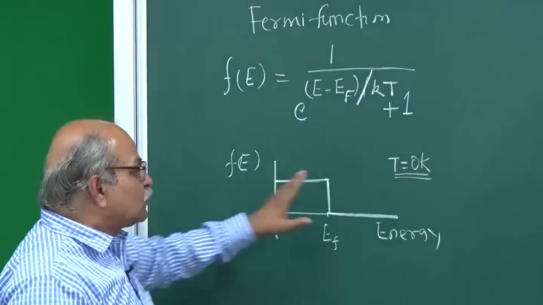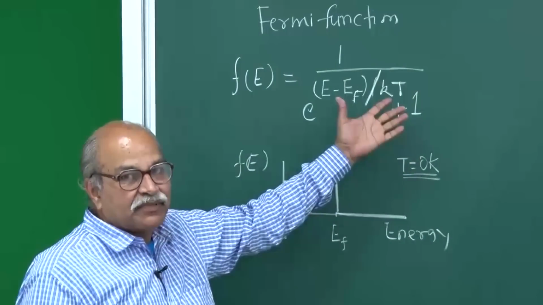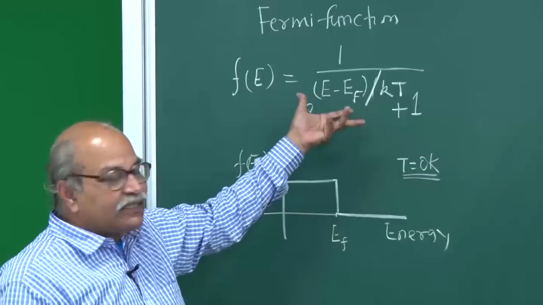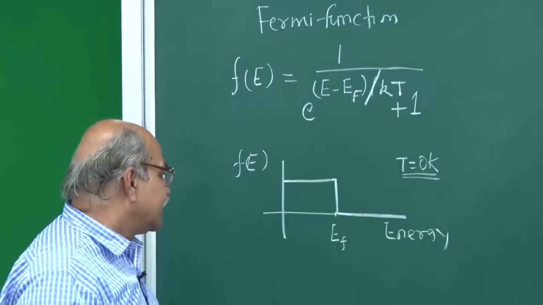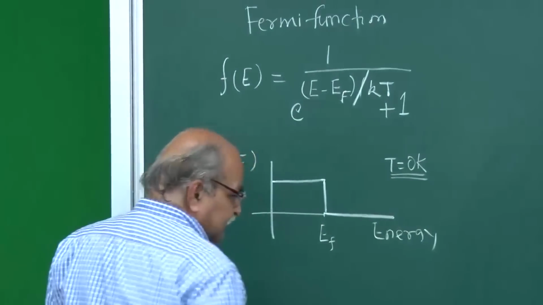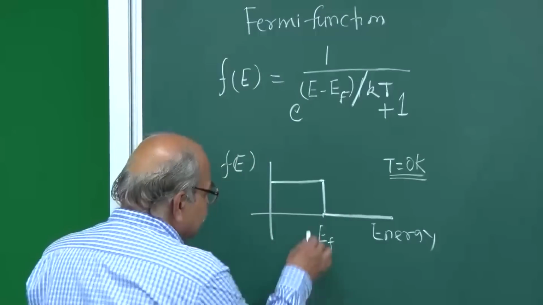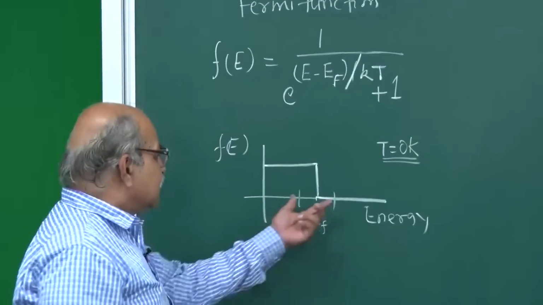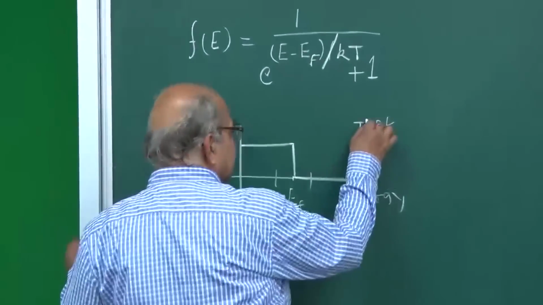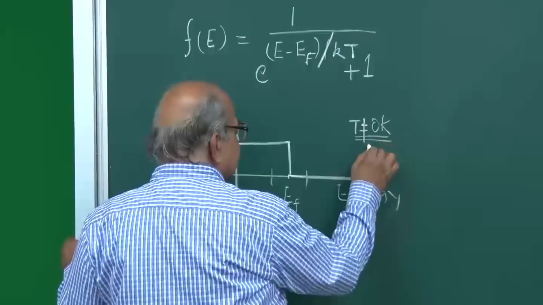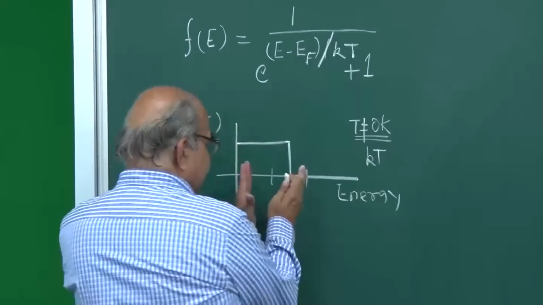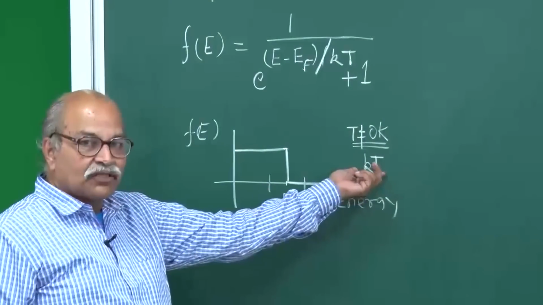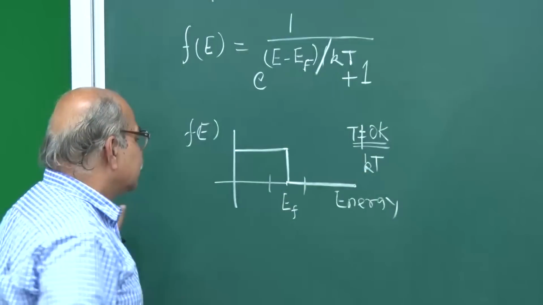What happens if you go to a higher temperature, some other temperature, 300 K, room temperature? Then this function is definitely changed, but the change is in a very small region close to this EF, say few kTs. So if T is not equal to 0, you have to see how much kT is on this scale, and only in this order of energy width do things change.